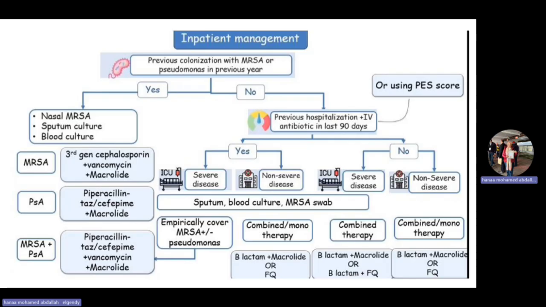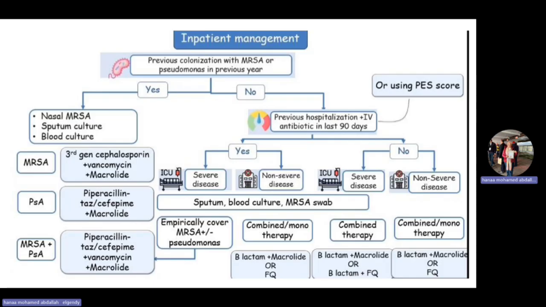If the patient has no previous colonizations, but he has previous hospitalization within the last 90 days, and non-severe disease, we will go for combined or monotherapy as the first one. Combined with beta-lactam, macrolides, or fluoroquinolone.